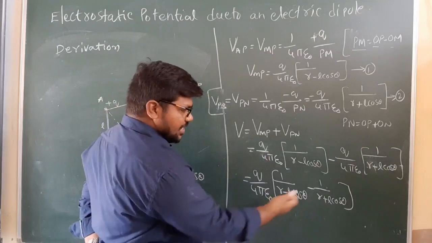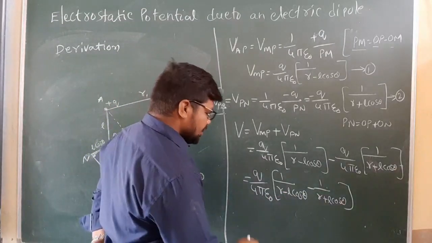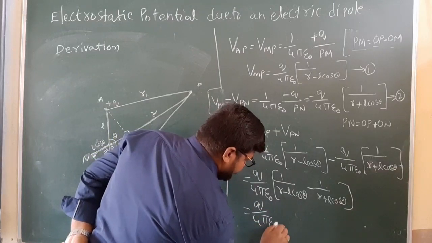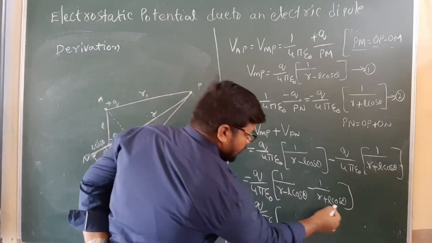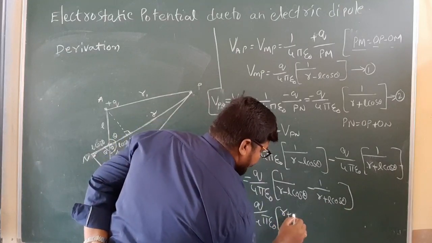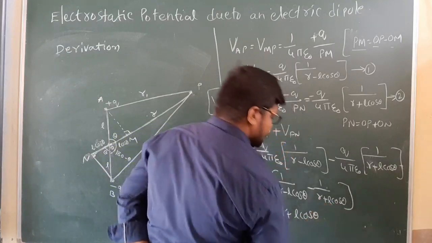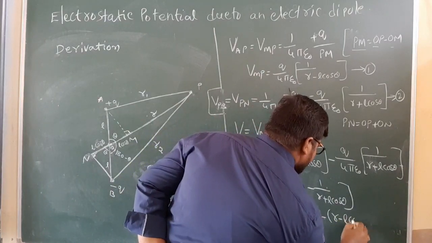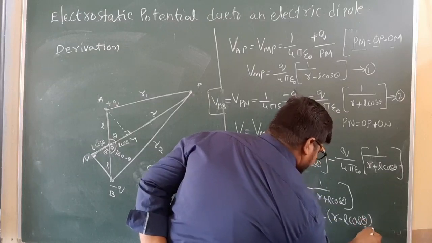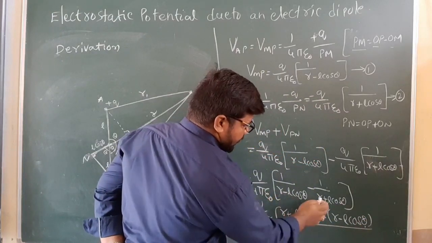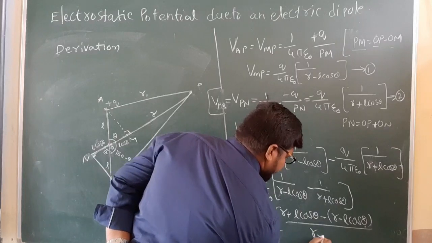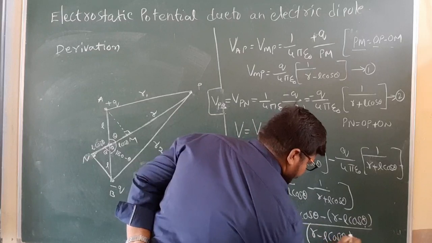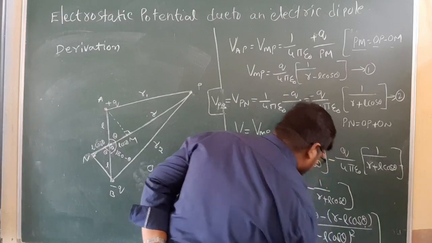Right. By rearranging this, so how to get Q by 4 pi epsilon naught, cross multiplication: R plus L cos theta minus of R minus L cos theta, by A into B like that, R minus L cos theta whole square, because of the same quantity.